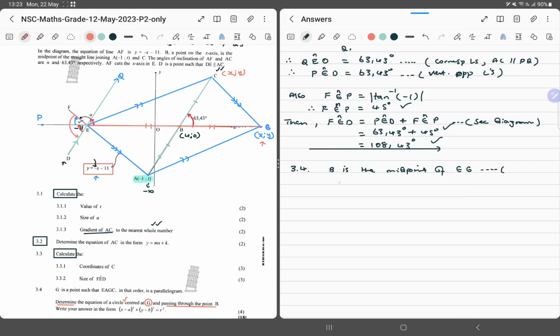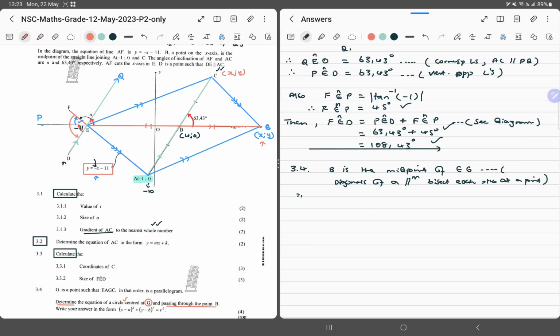What is the reason? We know that diagonals of a parallelogram bisect each other at the same point. Because we know B is the midpoint of AC, that is already a diagonal. So that means the other diagonal also passes through point B.